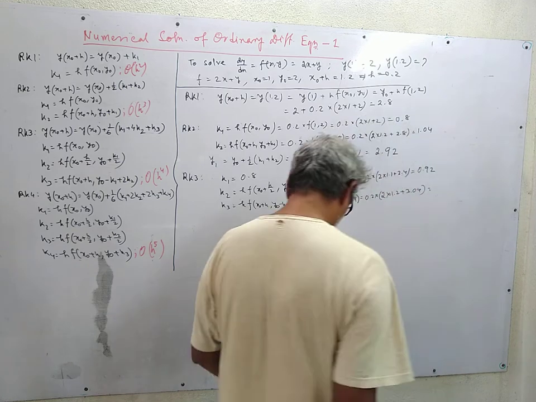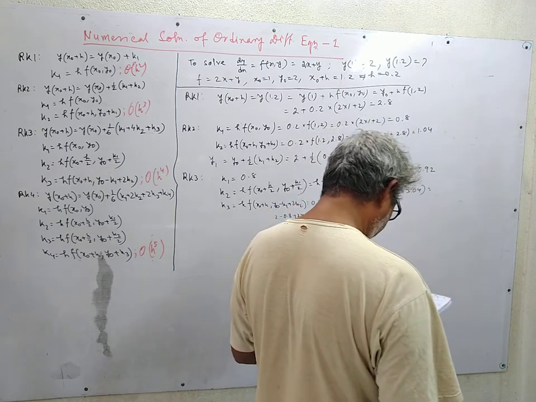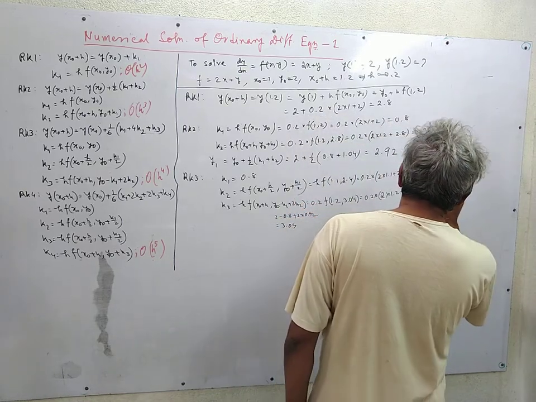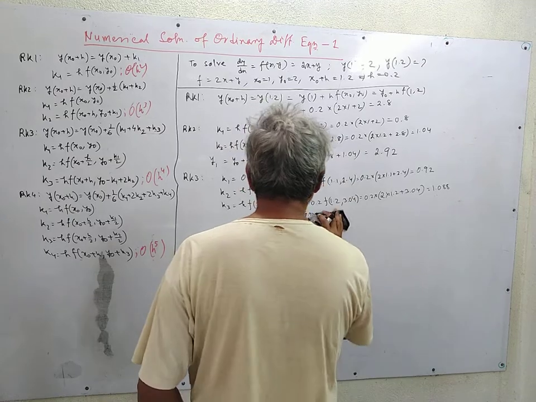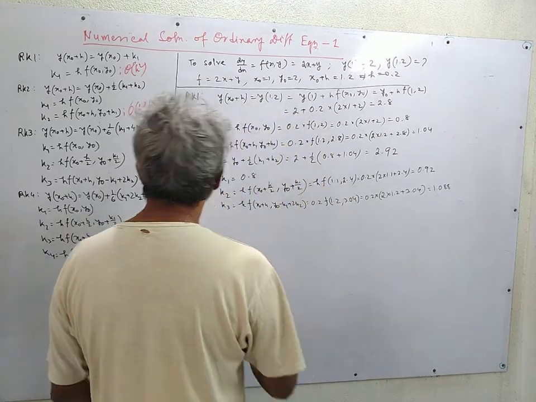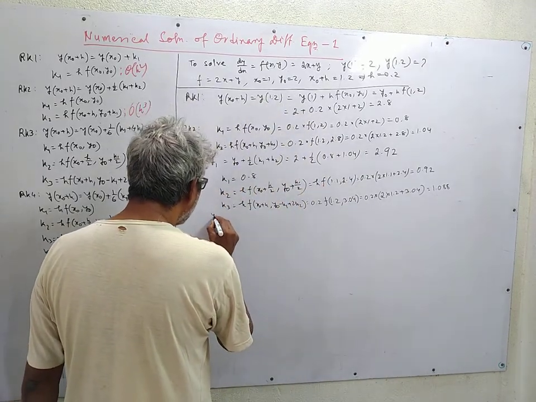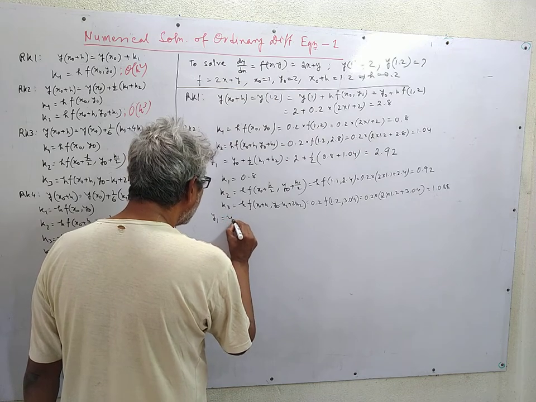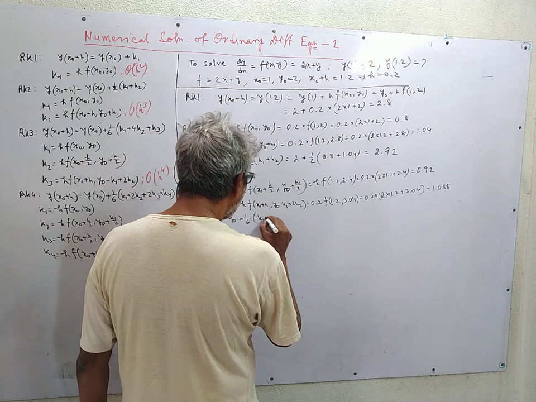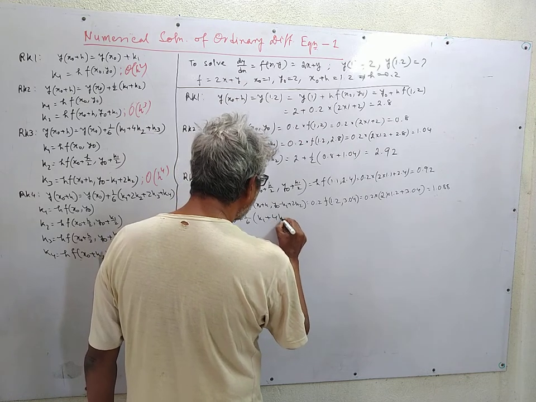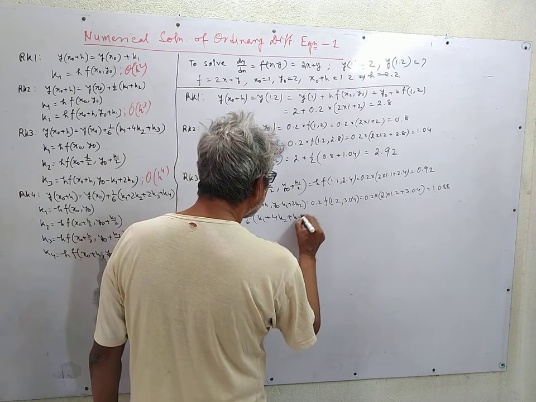Which comes out to be K3, the final value of K3 is 1.088. So the value of y1 is equal to y0 plus 1 upon 6 of k1 plus 4 k2 plus k3.